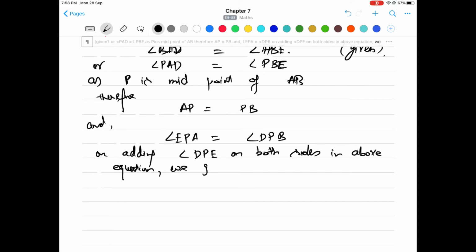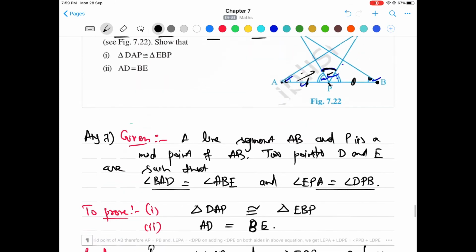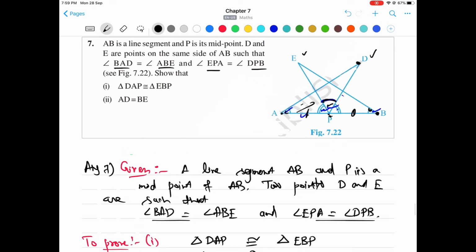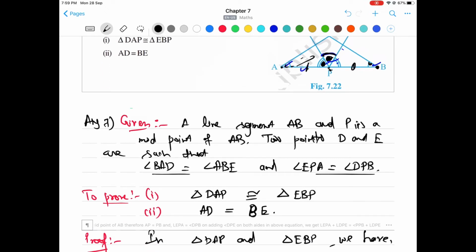In the above equation, we write angle EPA and add angle DPE to this. Similarly, on the other side we have angle DPB and we add angle DPE. This gives us EPA plus DPE, which is angle APD.